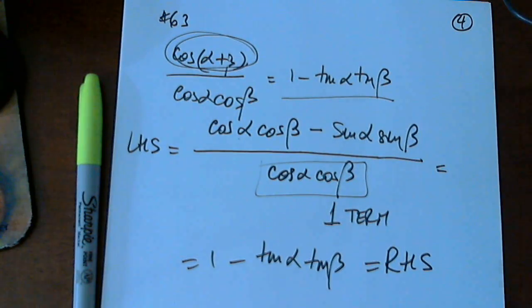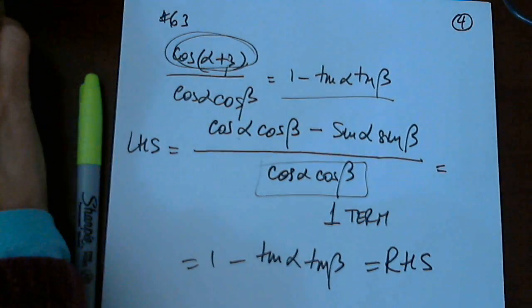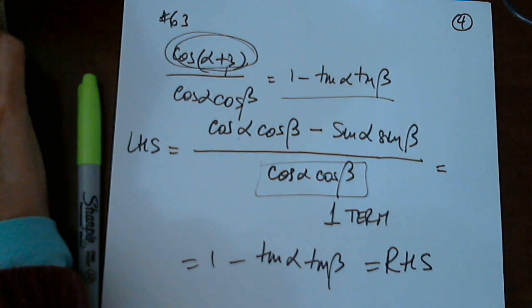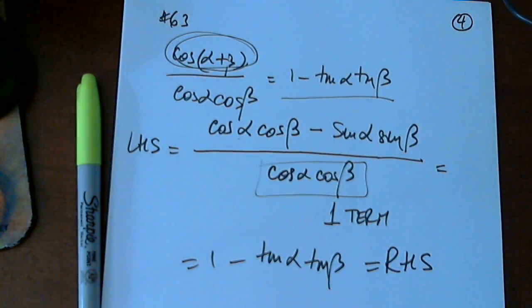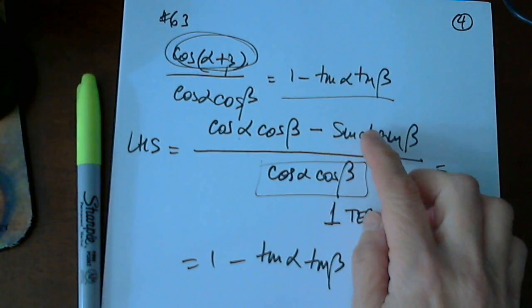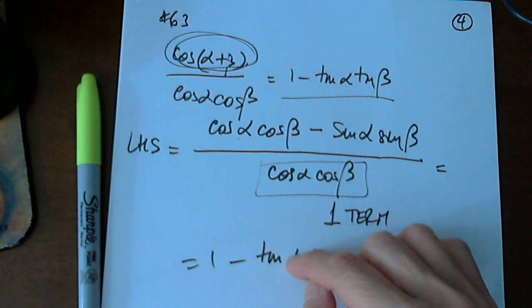Anyone, any questions? Okay, let's go back. And yes, please, go ahead. So you got the tangent alpha tangent beta from sine alpha sine beta divided by cosine alpha cosine beta, correct? Yes. So sine alpha over cosine alpha is tangent alpha.